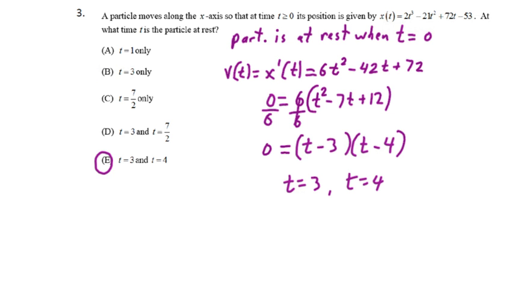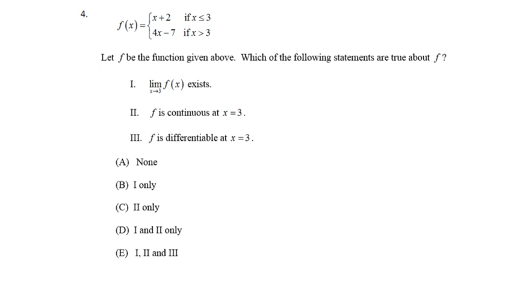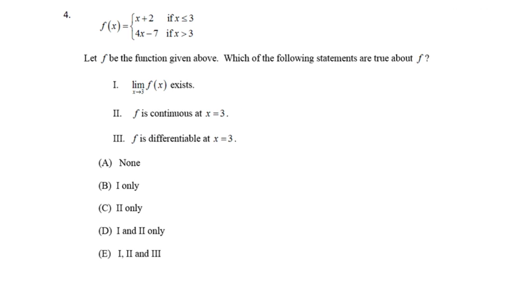Next, 4. Let f be the function given above. It's a piecewise function. Which of the following statements are true about f? Well, limit as x approaches 3 of f of x exists.